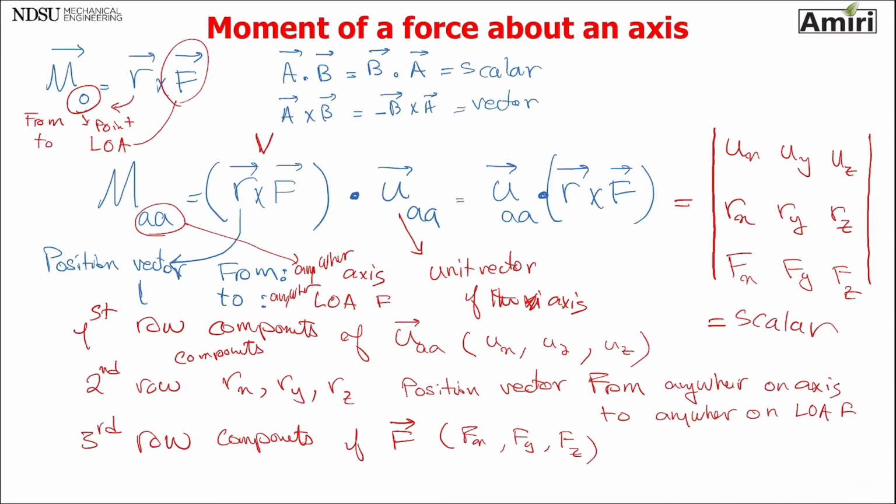Vector dot another vector should result in a scalar, and this proves it. There is no i, j, k anywhere in this determinant. And that's how we figure out the moment of a force about an axis.